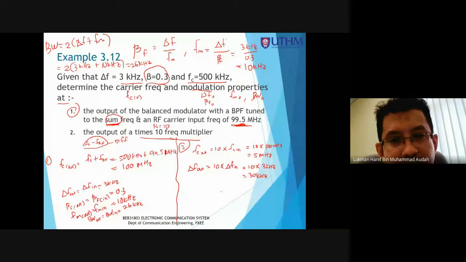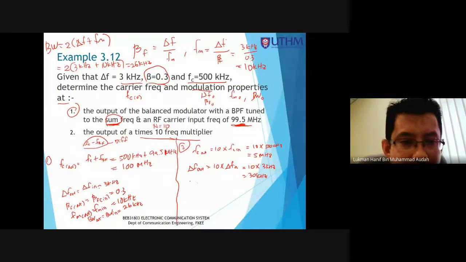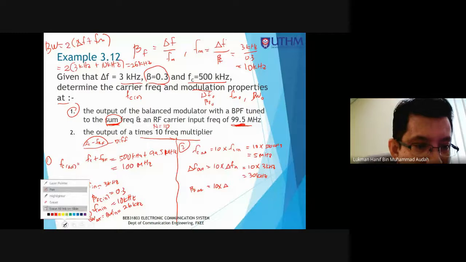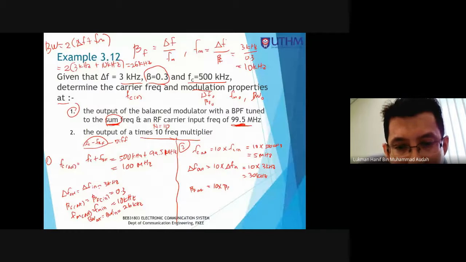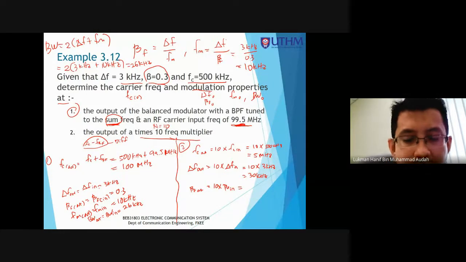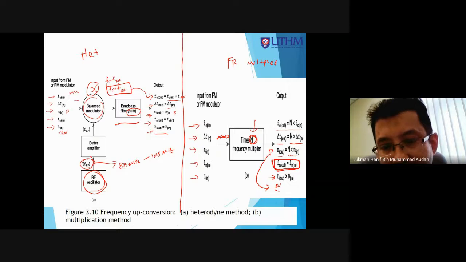Okay, and then what? Beta F out is equal to 10 times beta F in. Okay, ini pun ada dinyatakan di sini.